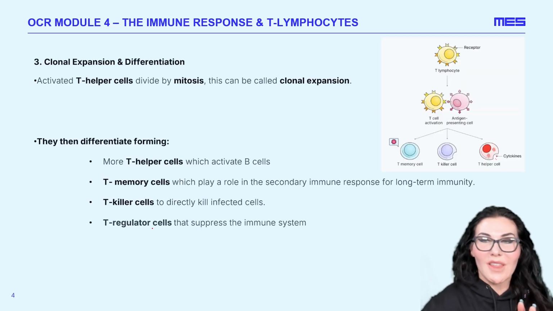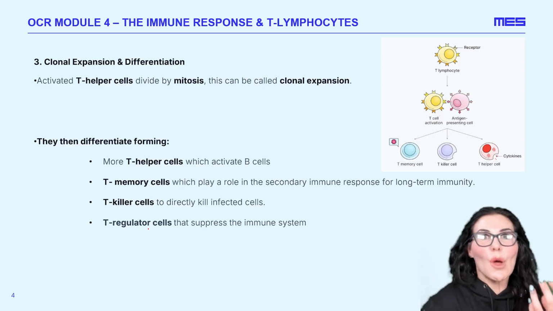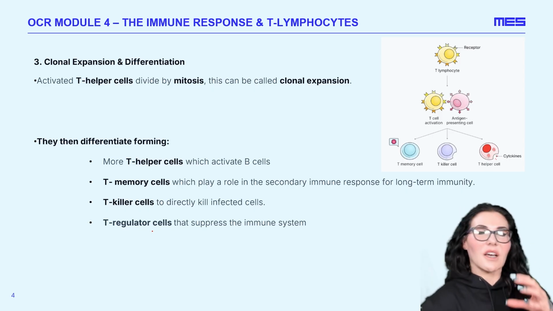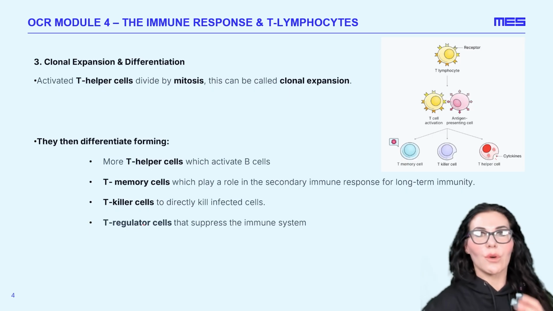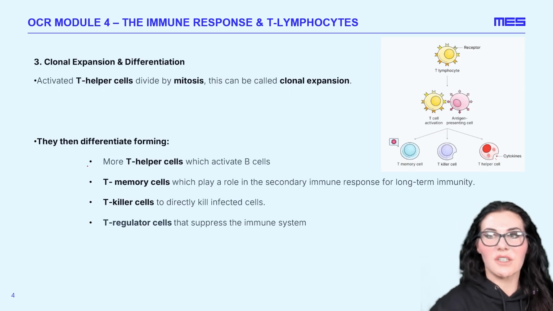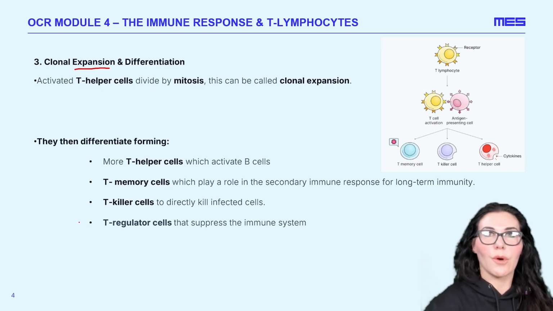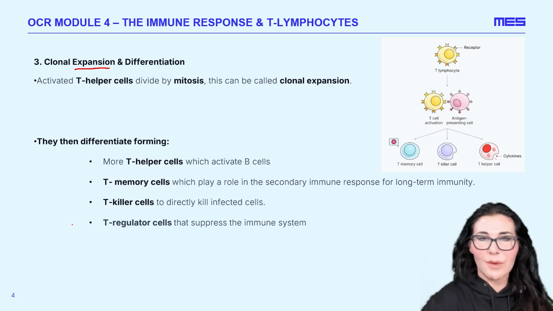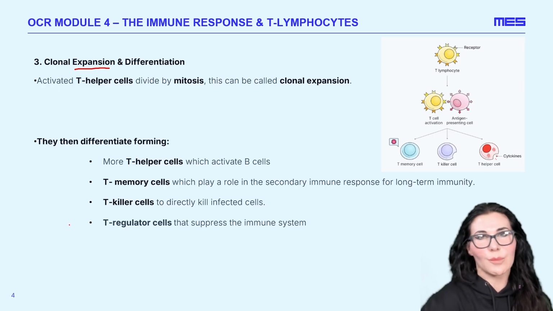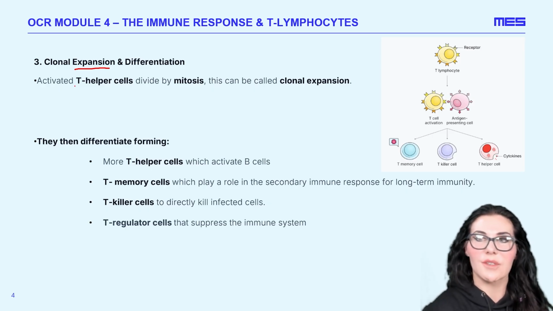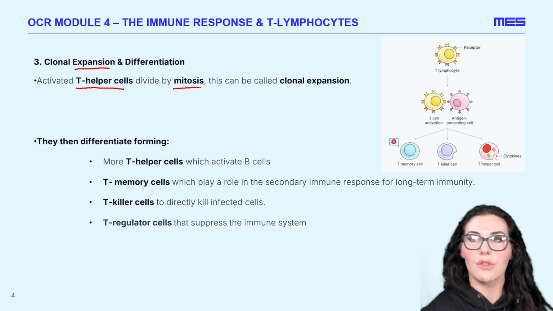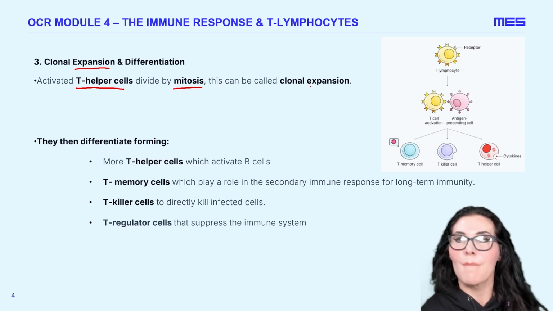Now, in doing that, as well as the cloning of that particular T helper cell, we also get something called expansion and differentiation. Expansion is the actual process of making multiple copies of that same selected T helper cell. That's when the T helper cell, once activated, undergoes mitotic divisions to form multitudes of it.